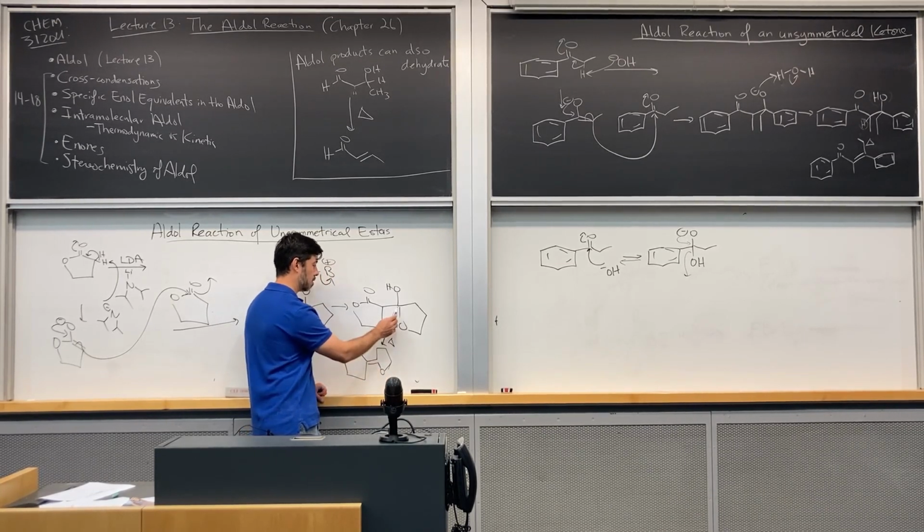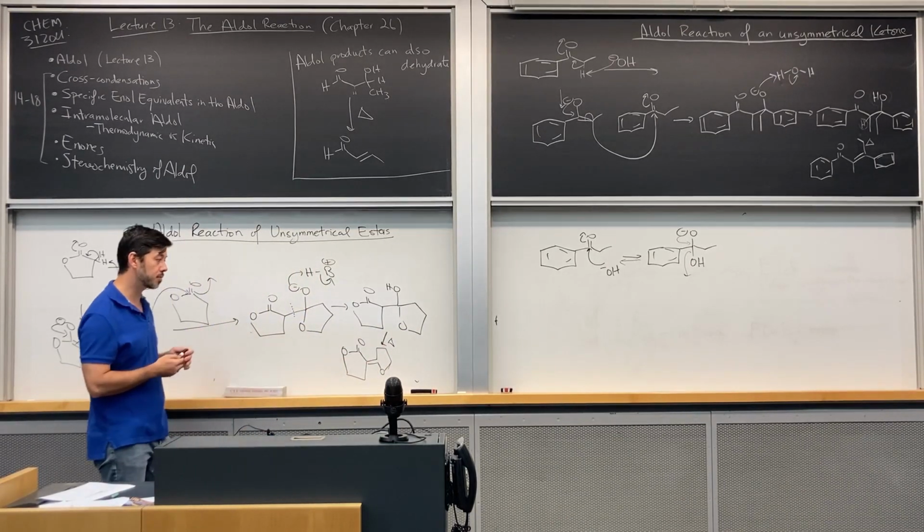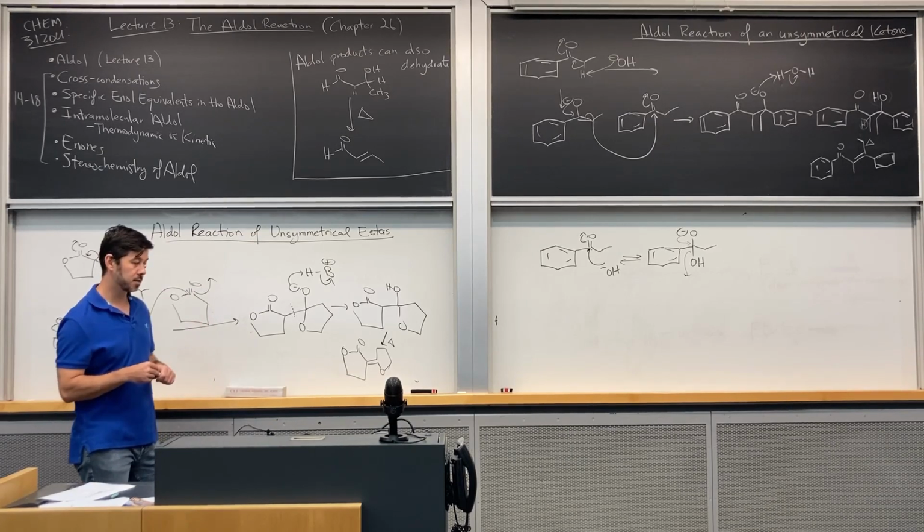So it'll be a 1, 2, 3, 4, and 5-membered ring. Always make sure that your ring sizes don't change, or that you're not adding carbons or removing carbons when you do this.